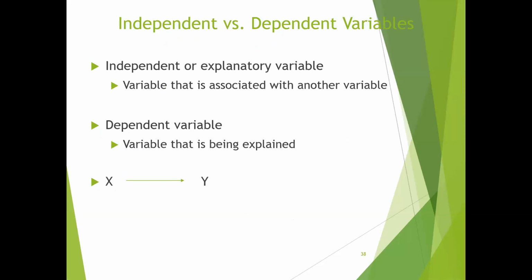When I talk about this business of independent variables and dependent variables, I want to define what I mean by that. An independent variable is often called an explanatory variable, a variable that explains something else, okay? How does high blood pressure relate to hospital stay? Hospital stay is the dependent variable.